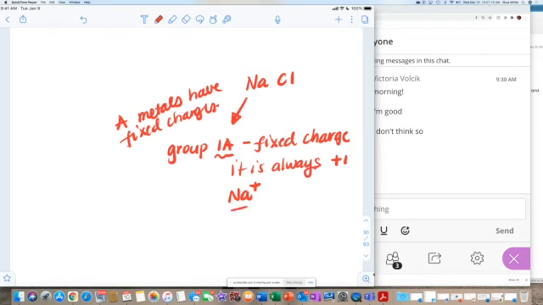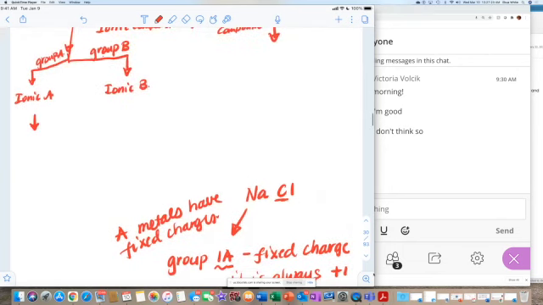Because there's only one sodium ion, right? There's no question about it. And then, of course, the chlorine, this one here, will be named as an anion, so chloride. So when you're naming sodium chloride like this, the first element will be named as an element. The second part of the formula will be named as an anion.